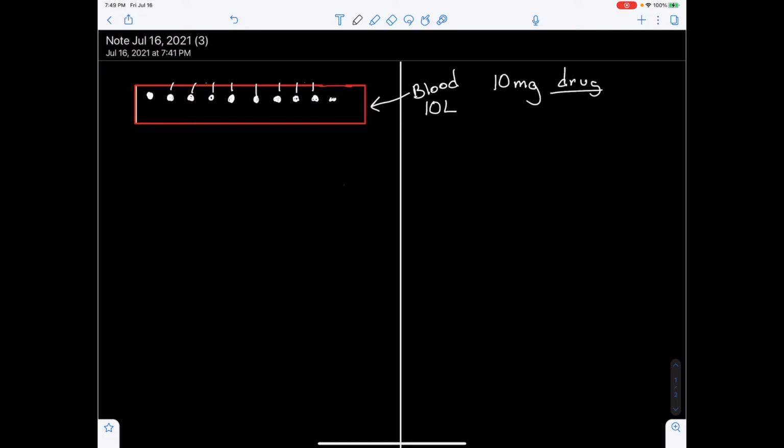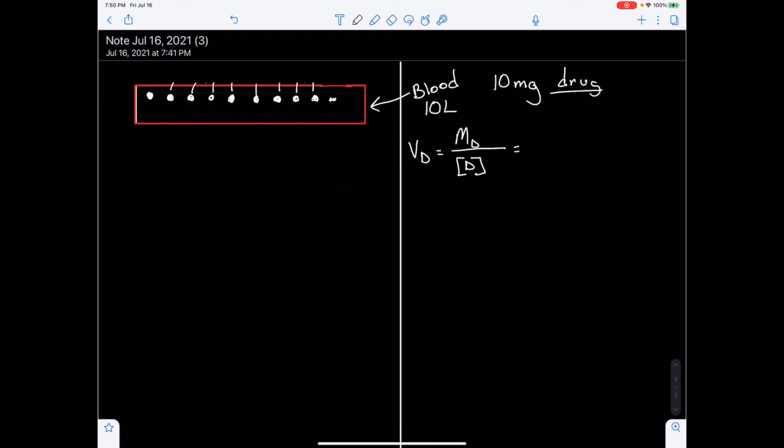Now, let's say volume of distribution, and we're going to go with the formula. The volume of distribution is the mass of the drug over the concentration of the drug.